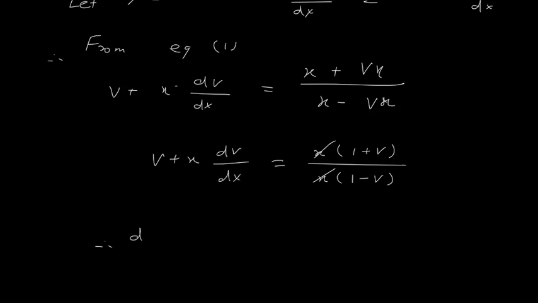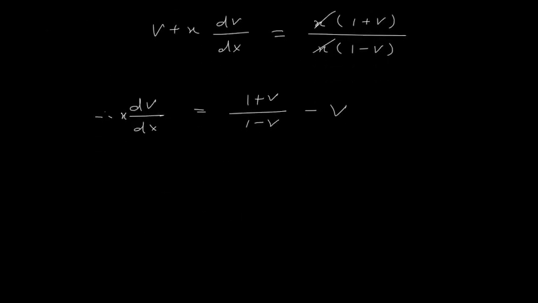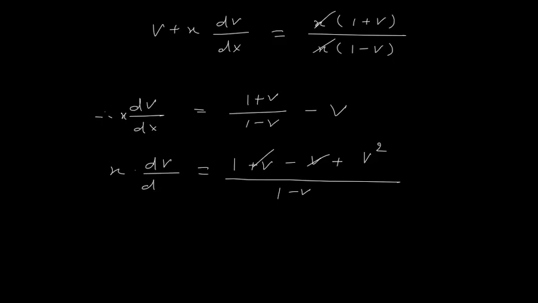Therefore x times dv upon dx is equal to 1 plus v upon 1 minus v minus v, which is 1 plus v minus v, and this minus minus will become plus v square, the whole divided by 1 minus v. Now this plus v minus v will cancel. Here we have x into dv upon dx.